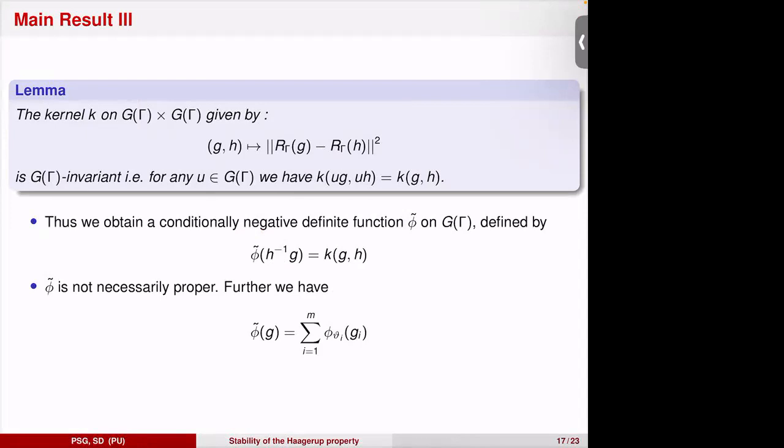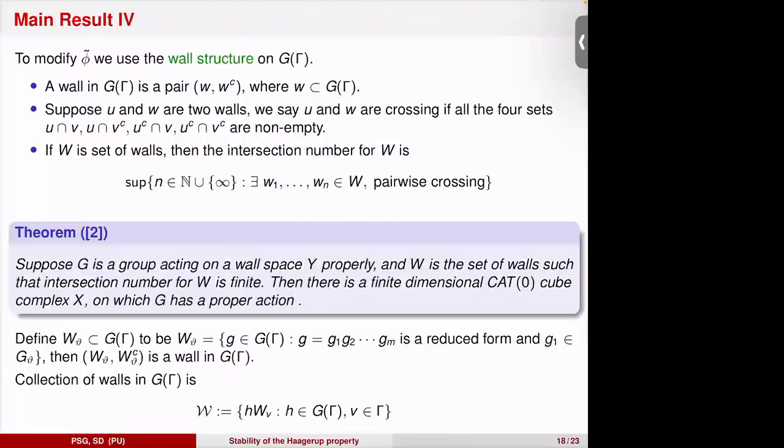Therefore, for making this phi tilde proper, we need some structure from the graph product. That is basically the cat0 structure of the graph product. So I just want to mention that on the graph product, we have a wall structure.